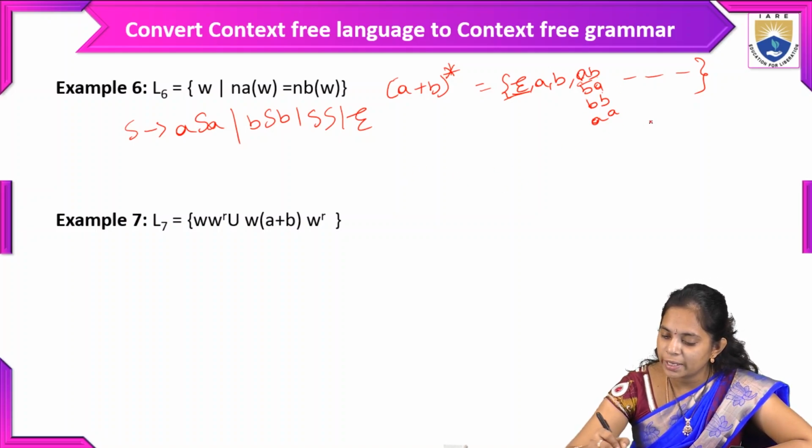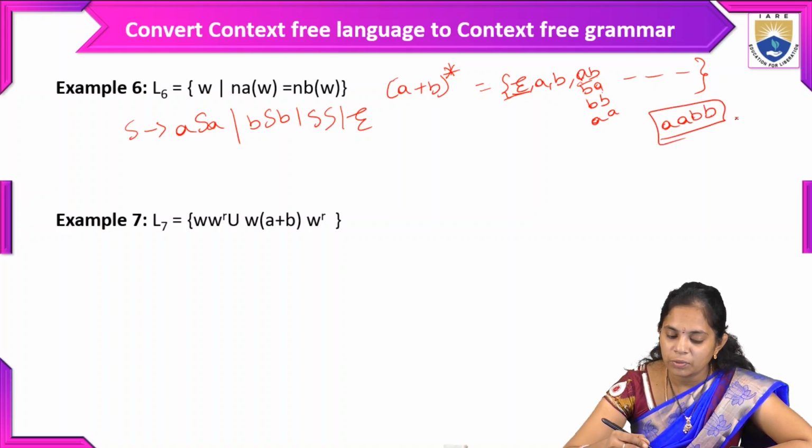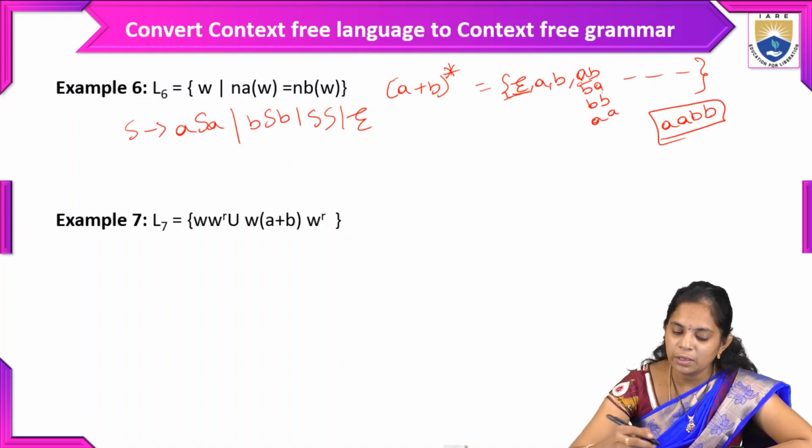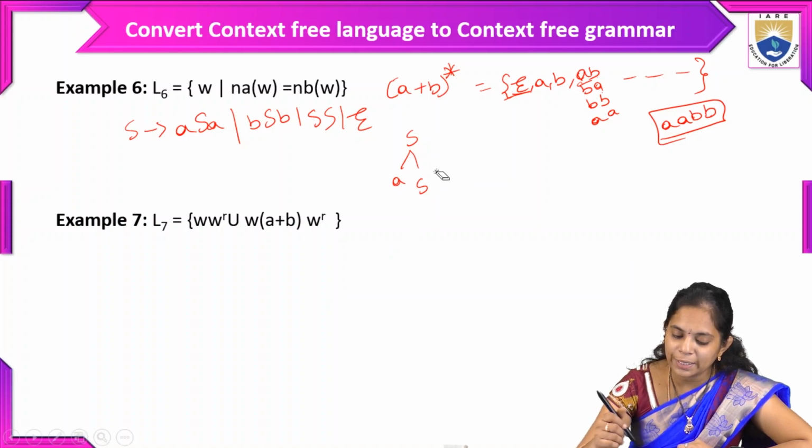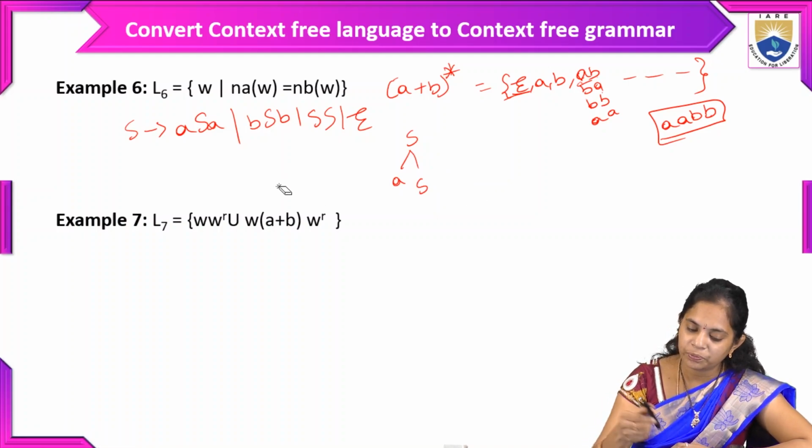In this one we will write the language AABB, and for this string we will check whether the grammar is going to be accepted. So S tends to ASB, ASA we will take, and here we require only A, so that we will write the value.